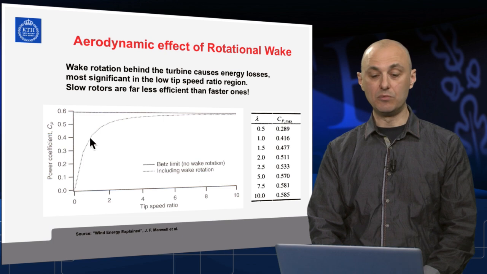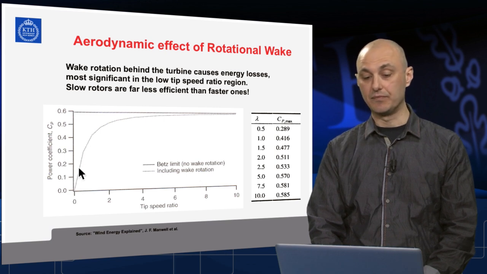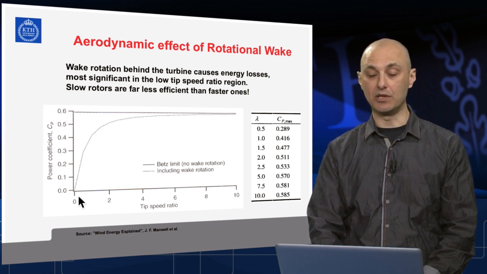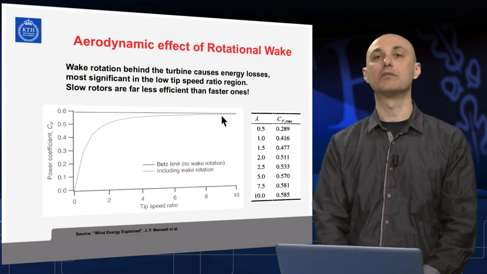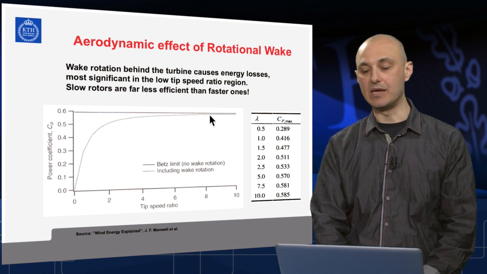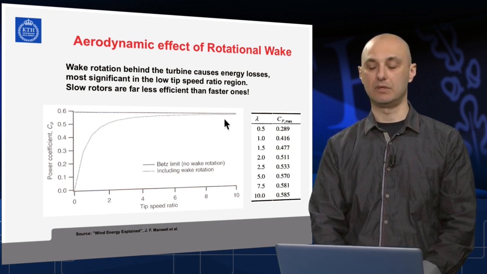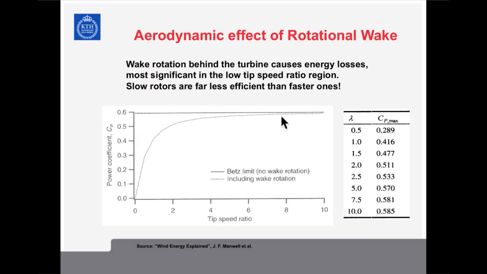And slow-moving rotors are subjected a lot to these types of losses, while the fast-moving rotors would be able to approach the Betz limit. And we can see this here in terms of numbers.